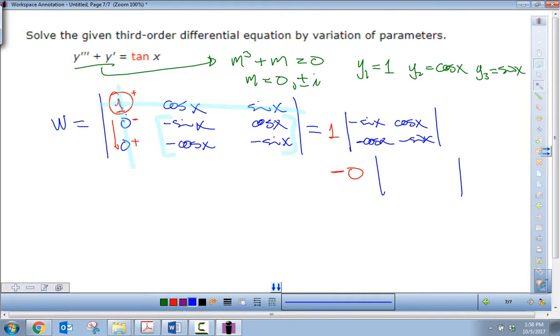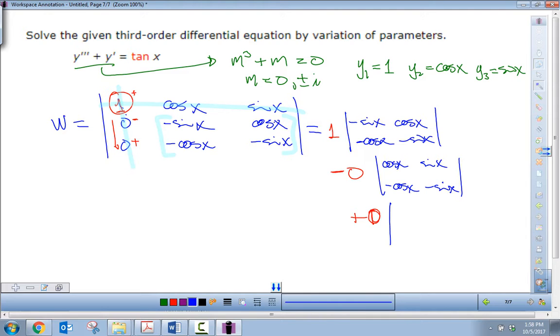I'm going to write this out even though it's going to be 0 anyways, but it'll be cosine, sine, negative cosine, negative sine. And then technically you got one more to go down here, the last 0, and this will have a plus. So there's this alternating sign business that's happening. It always starts with positive on the upper left-hand corner.